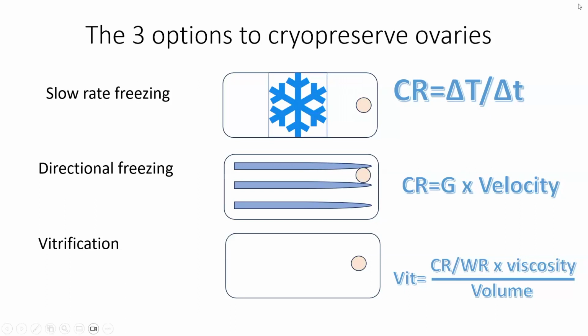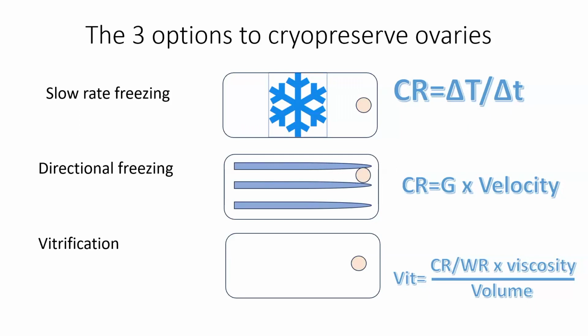So basically, we have a temperature gradient here in the path, and we are moving through the temperature gradient at a constant velocity, so we can control the size and morphology of the ice crystals. Vitrification, we do not have ice crystals, so it's completely glass formation of the water.